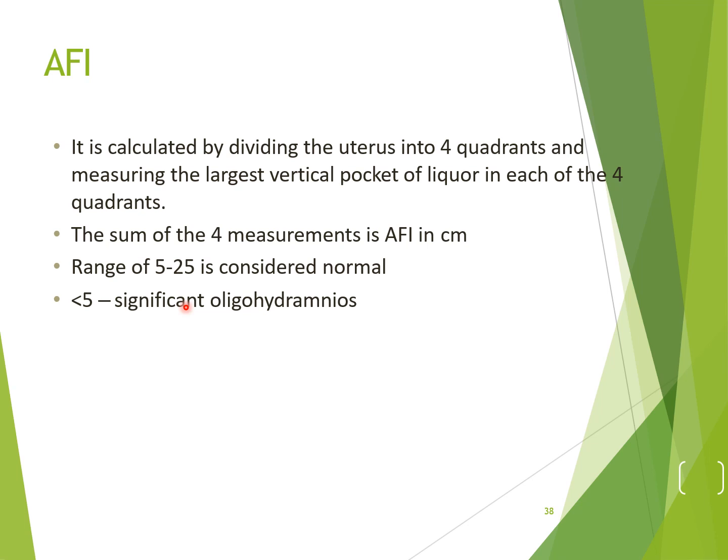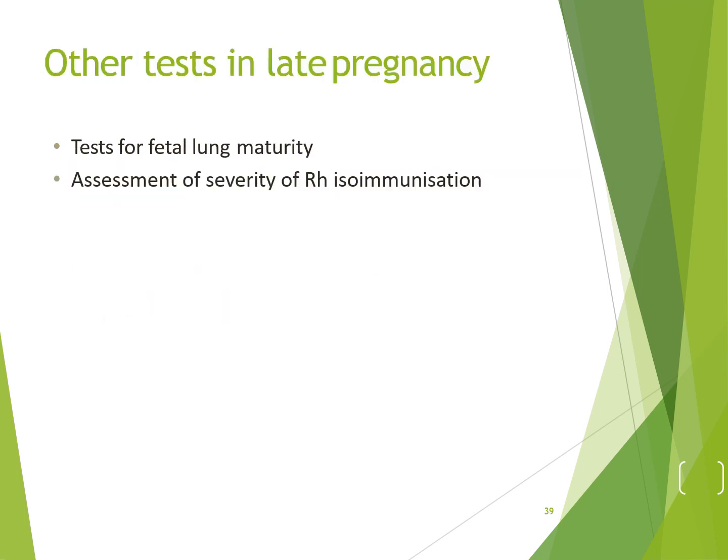Then we add together the measurements we have received in each quadrant, and the sum gives you the amniotic fluid index in centimeters. The normal amniotic fluid index is between 5 to 25 centimeters, and if it is less than 5 centimeters it suggests oligohydramnios, and if it is more than 25 it suggests polyhydramnios.